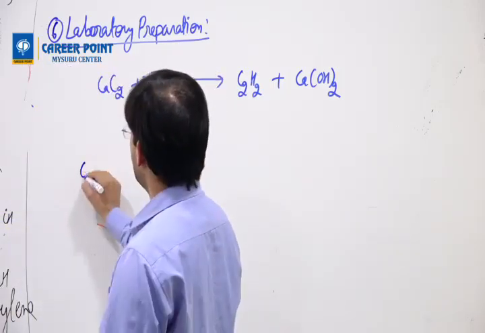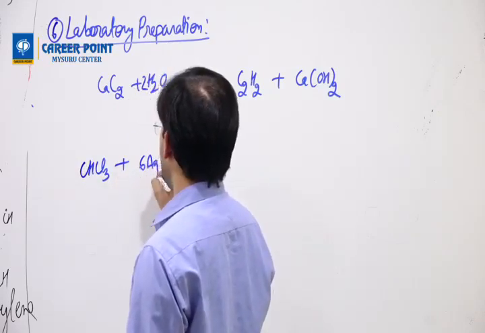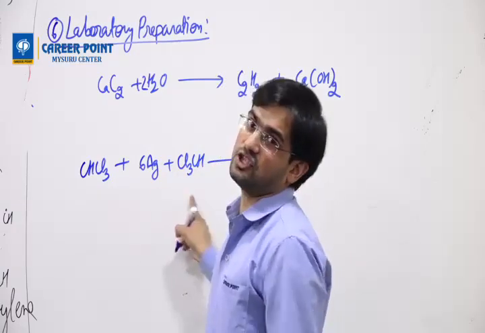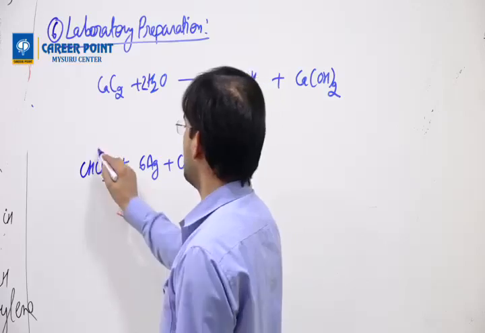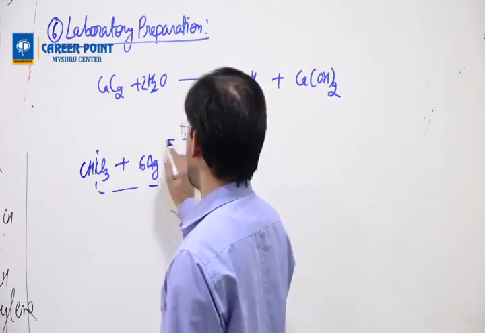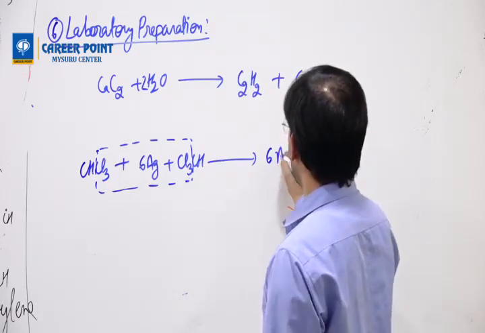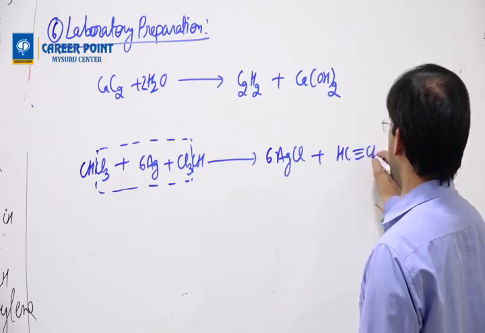One more is there, that is chloroform, CHCl3 plus 6Ag. This is a very odd reaction. The answer of this reaction you cannot guess in the exam, so try to memorize it. One of the products is 6AgCl plus HC triple bond CH.